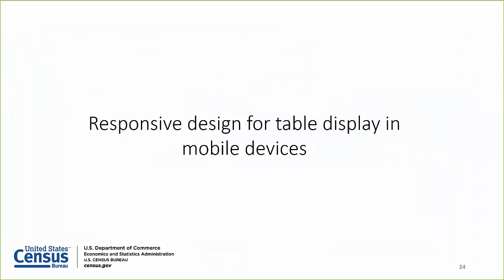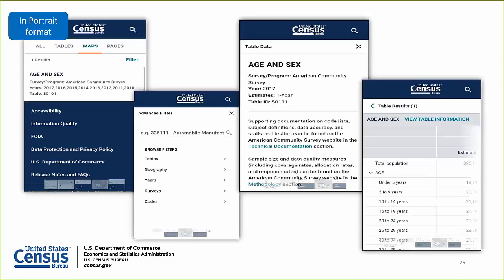All right, so the next thing we have is a responsive design for table display and mobile devices. We've worked on some improvements on our responsive design for mobile devices.